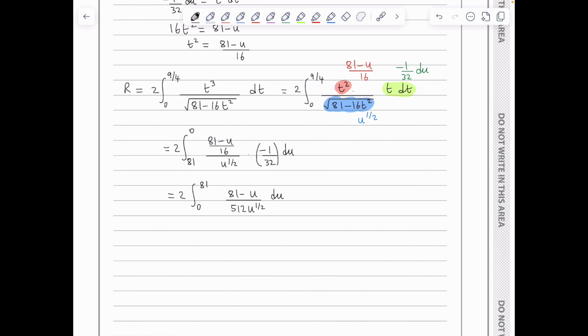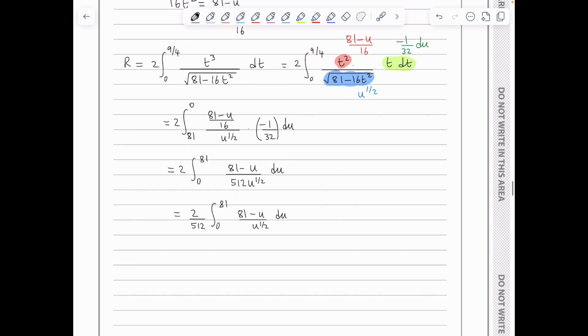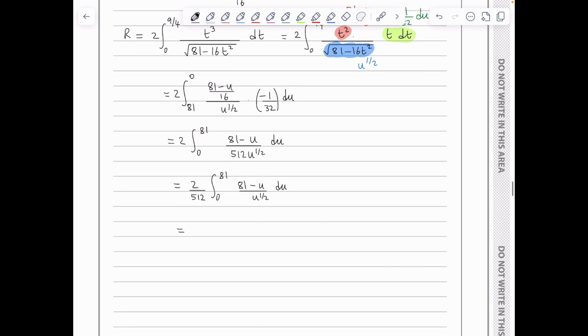I will take the 512 outside of the integral, so this is 2 over 512 times the integral from 0 up to 81 of (81 minus u) over u to the power of a half du, which can obviously be written as 2 over 512, the integral from 0 up to 81 of 81 u to the minus a half minus u to the half du.